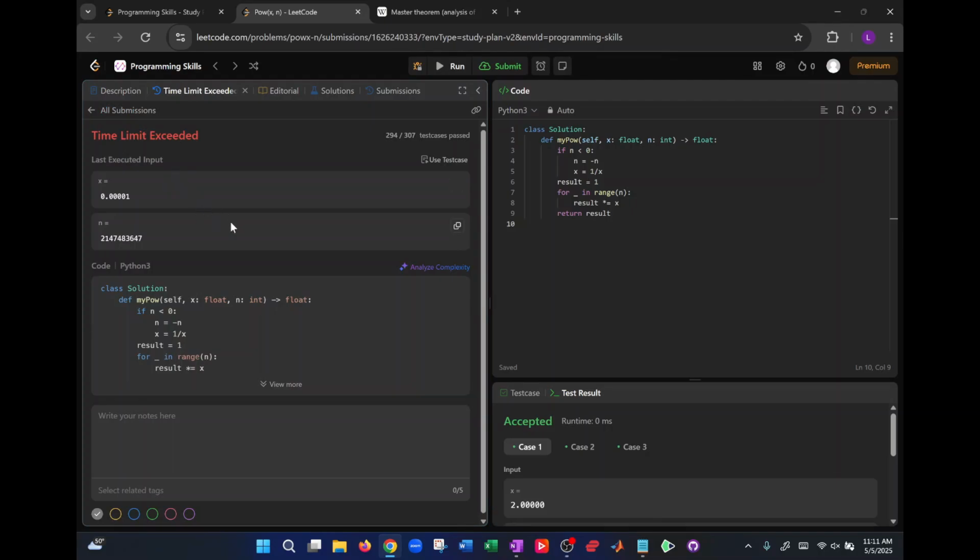So what happened here? Part of the issue here is that x is really small in this case, so when we do the division, it becomes really large. But there's two things that we could do to try to solve this.